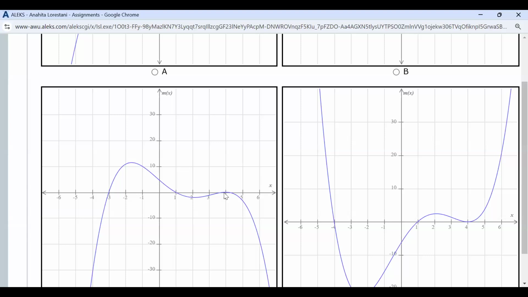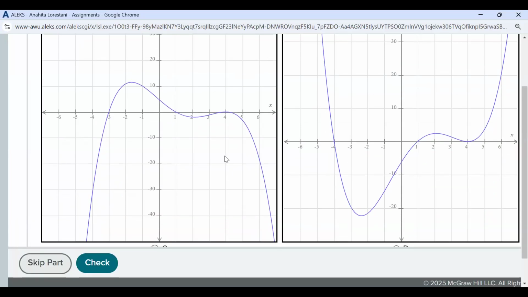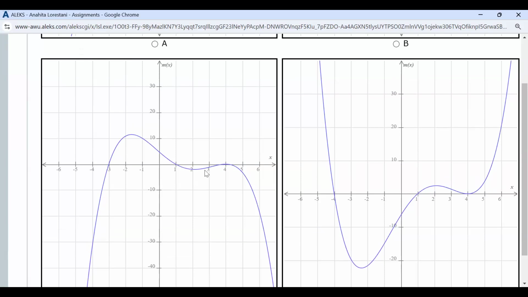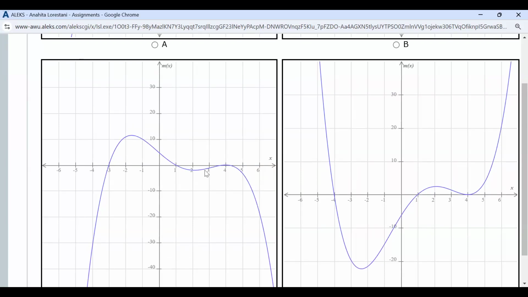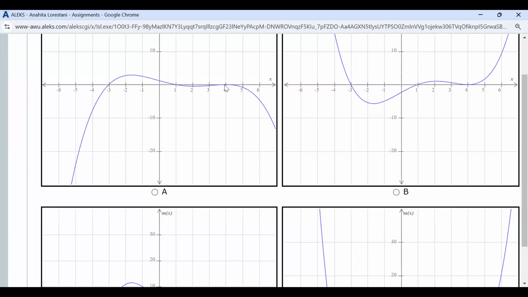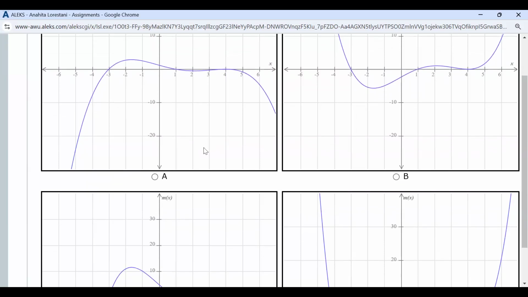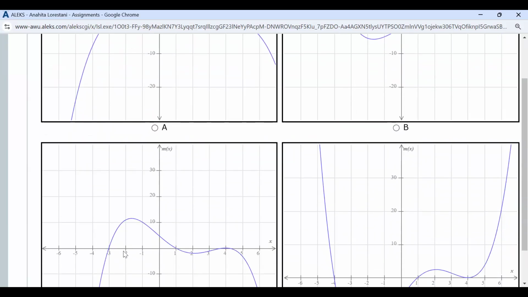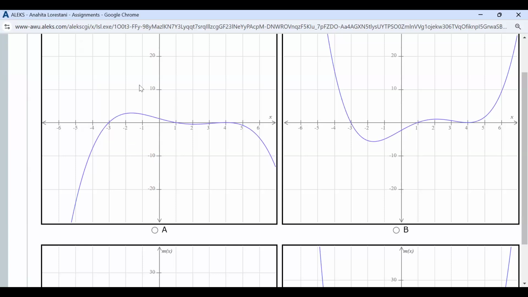This one seems to be touching. Yeah, so both of them seem to be touching the x-axis here. So then that's not helpful to us because we have two graphs that both are touching.